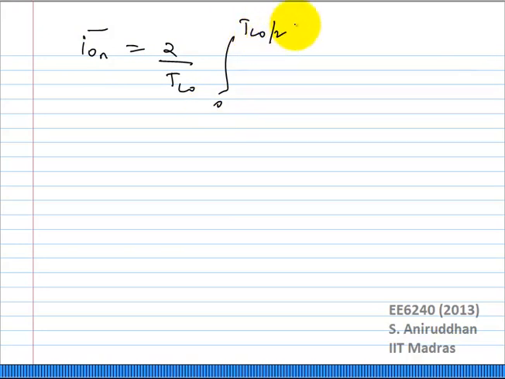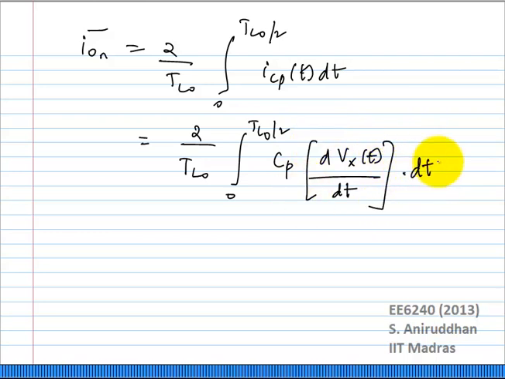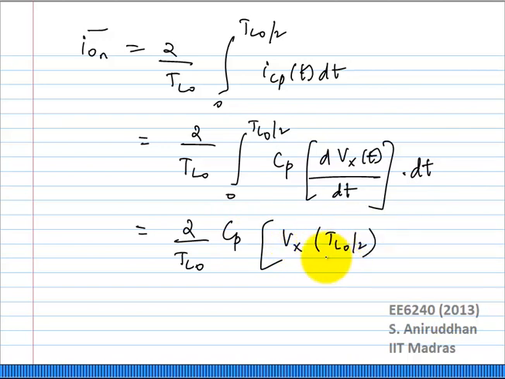What is the value of this DC? Zero to TLO by 2 ICP of t dt. The current through the capacitor is Cp times Vx of TLO by 2 minus Vx of 0.